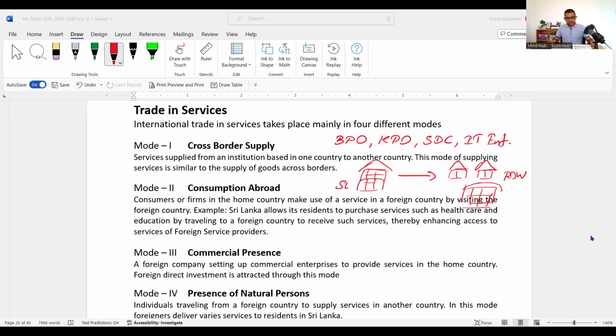Then KPOs. What are KPOs? I think most of you, if you're working in the broader BPO sector, should ideally end up in a KPO, knowledge process outsourcing. These are companies that are mostly into research, financial and business analytics. They work with big data, things like that.